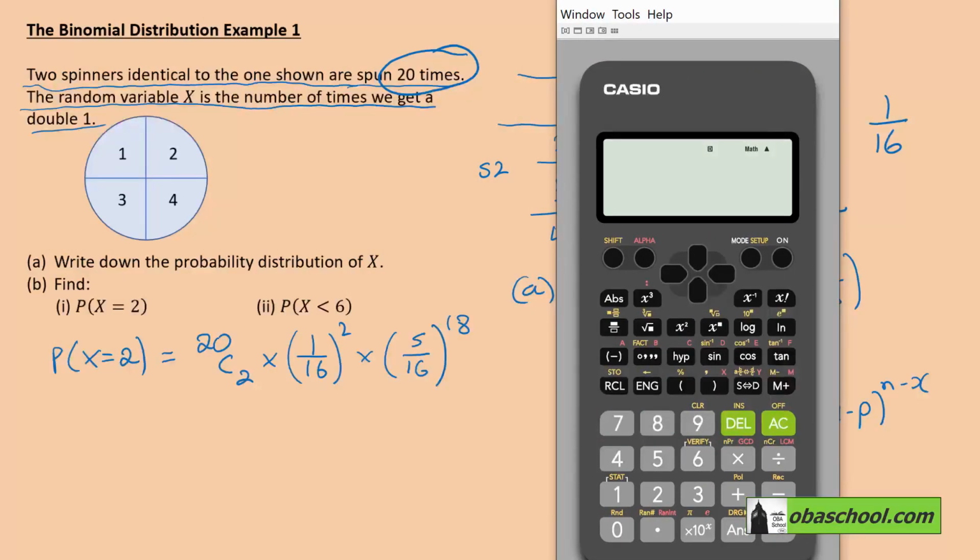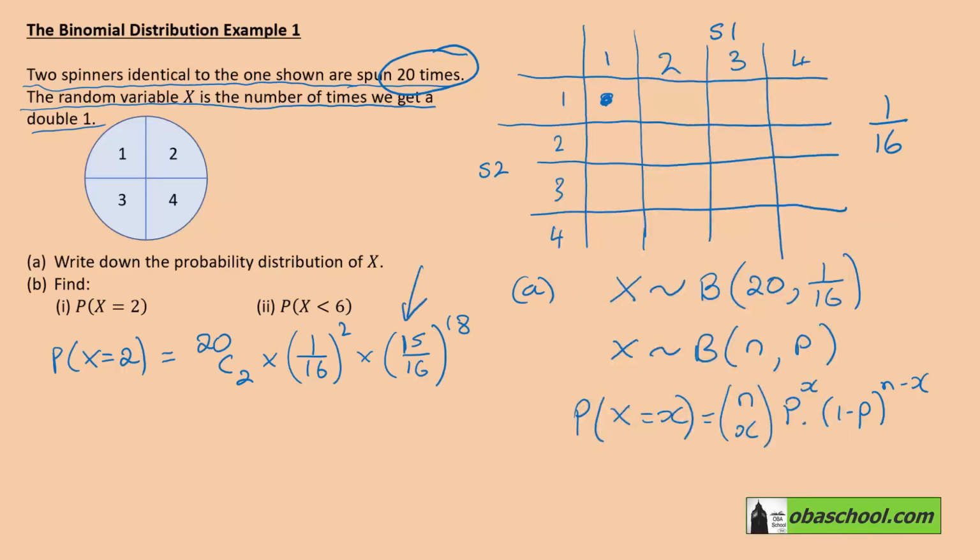So we have 20C2 multiplied by 1/16 to the power 2 multiplied by, of course that should be 15/16 there.